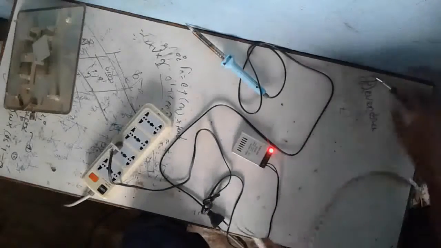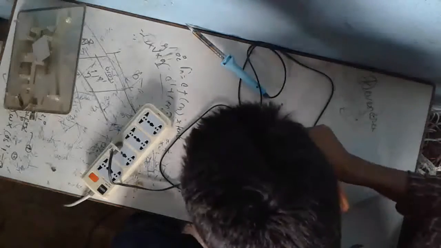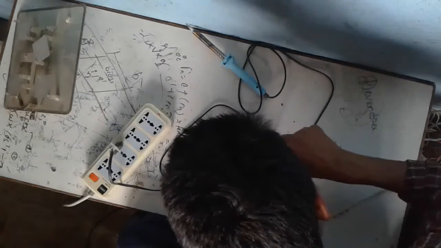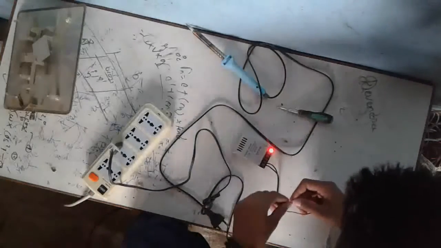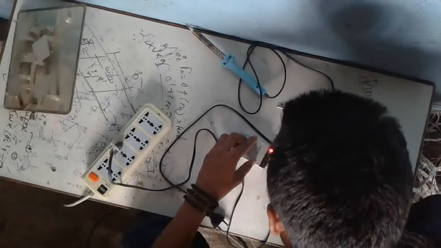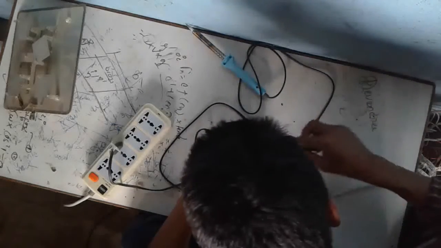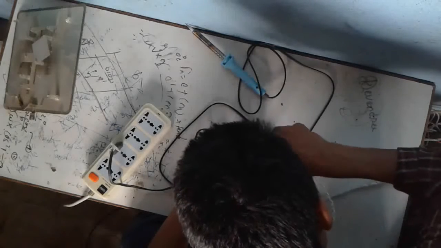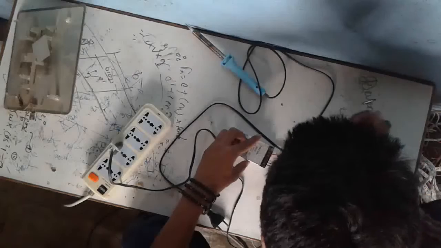Now just take a screwdriver. Here is the positive terminal. Screw it out. Just switch it off for some minutes. Now insert a wire here and tighten it.